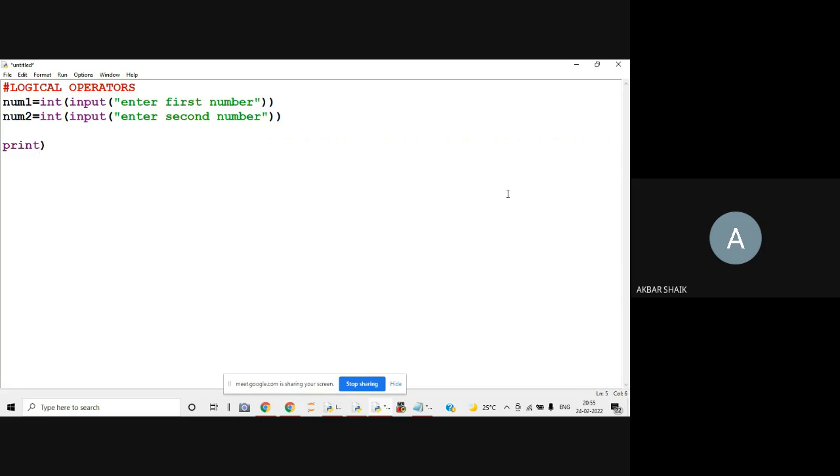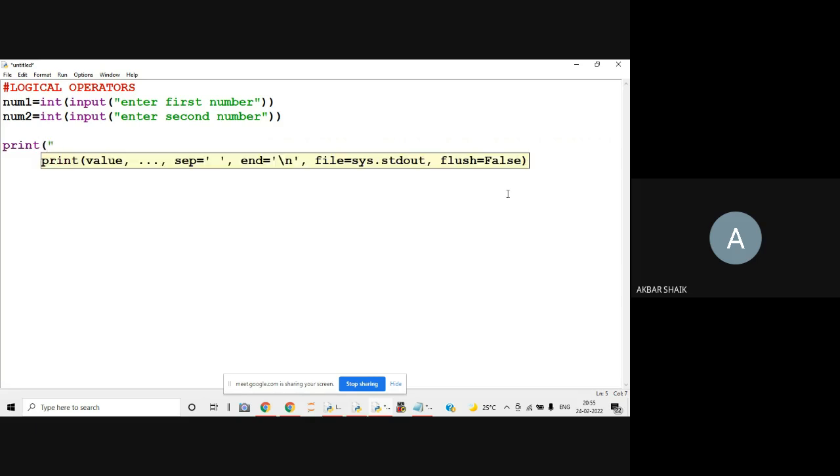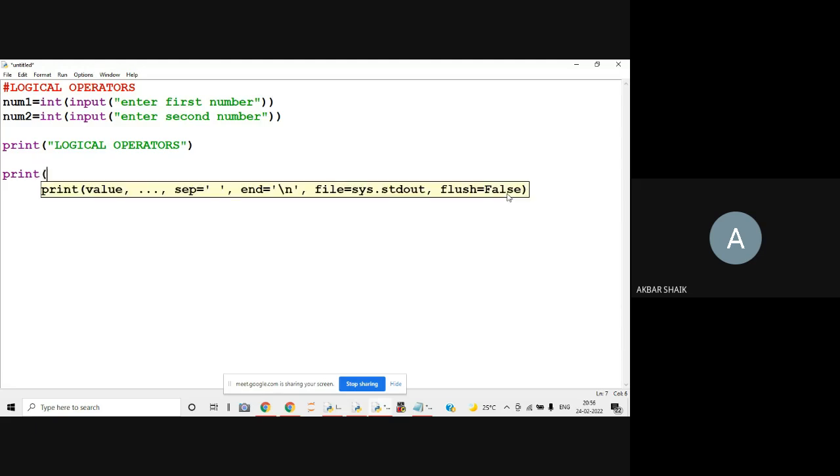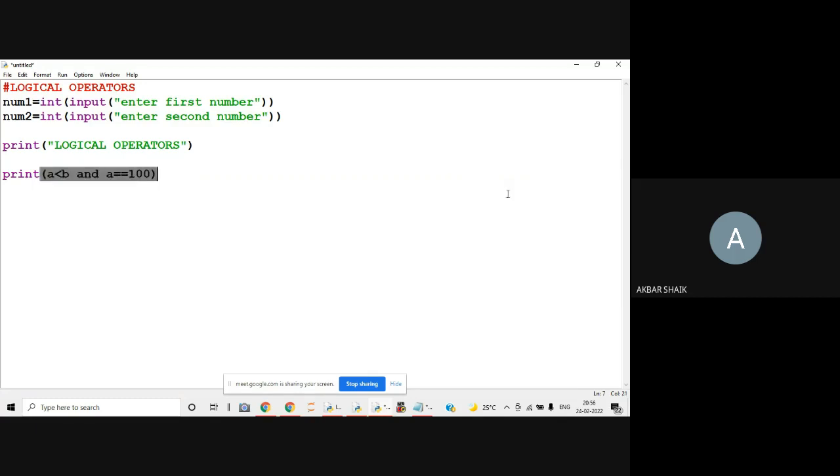Print of "logical operators". Okay. So print of A less than B and A equals to 100.